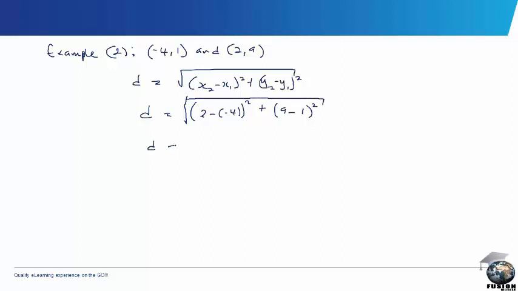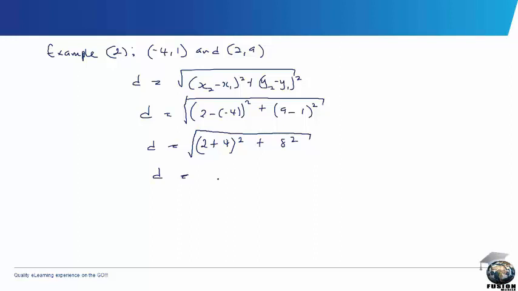Alright, so therefore we have D equal to the square root of 2 plus 4 squared, minus changes to plus, and then 9 minus 1, which is 8 squared, all in the square root symbol.